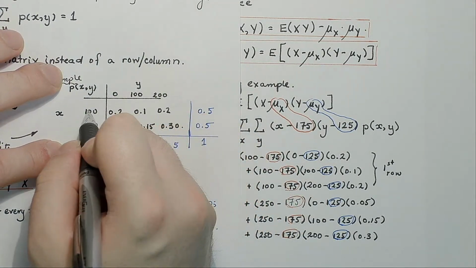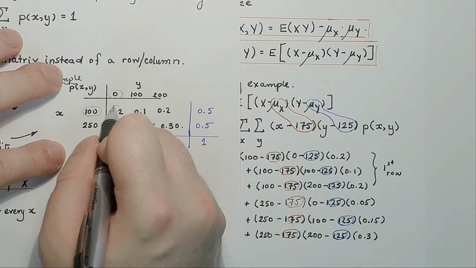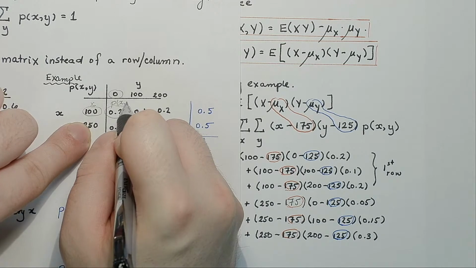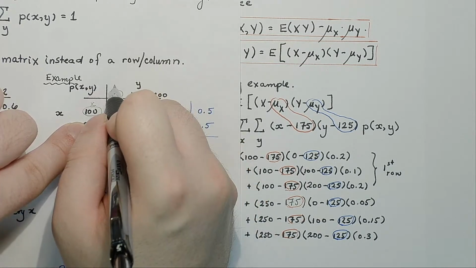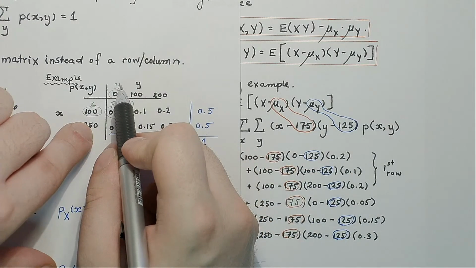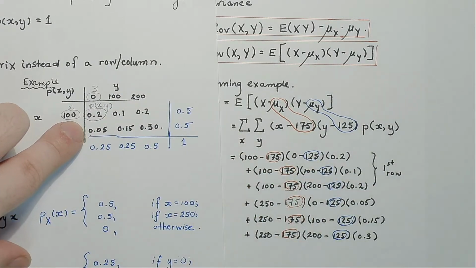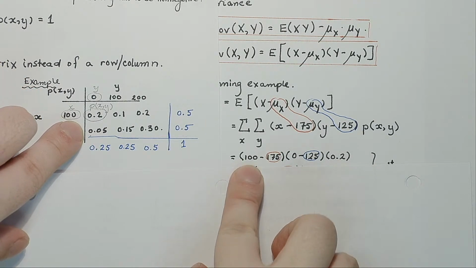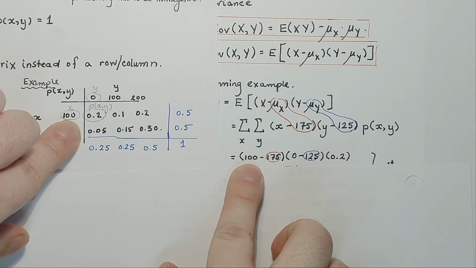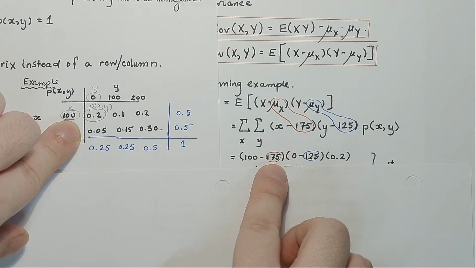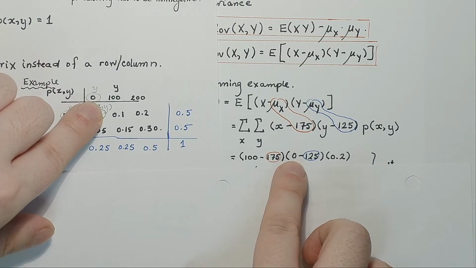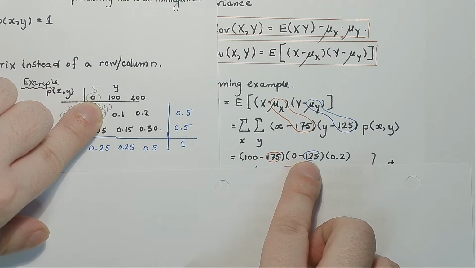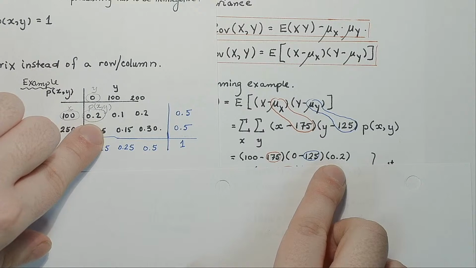So for instance, here's the value. This is my value of x. This is my value of the probability of x and y. And here is the y value. So in this first line right through here, there's my x value of 100 minus, again, the mean. Then the next one is the value of y, which is 0, minus the expected value of y, times the probability right there.